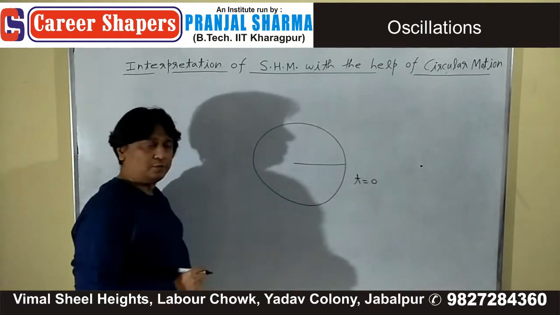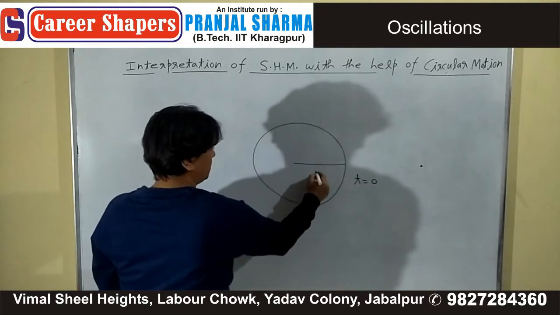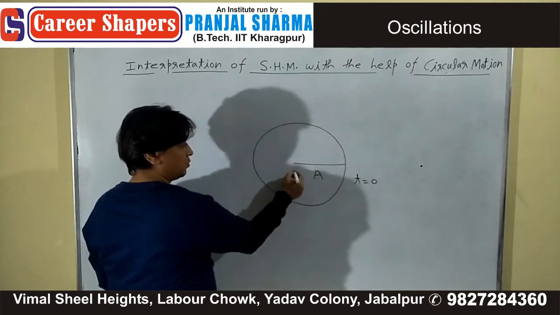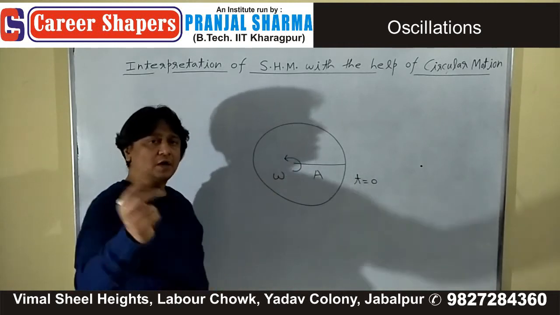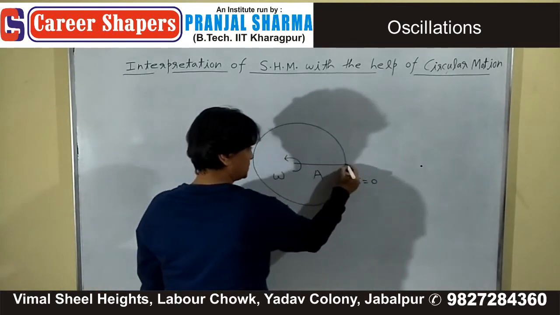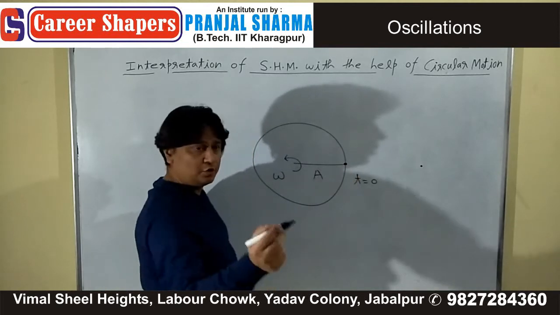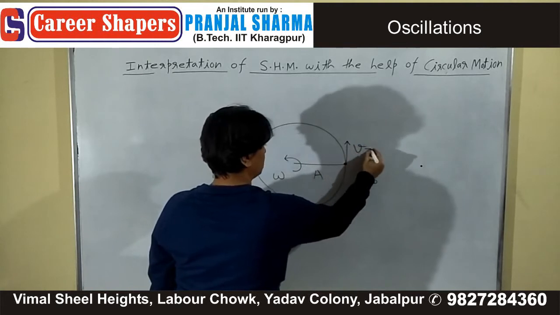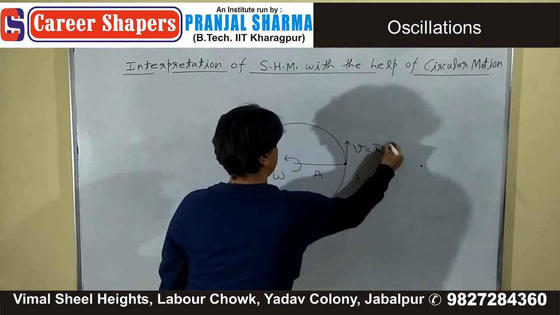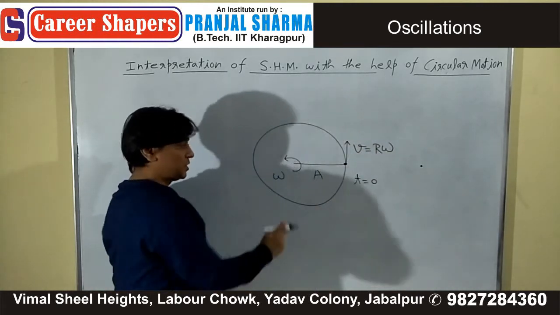At t equals to 0, what is the length of the rod? A. What is the angular velocity? Omega. If I ask you what is the velocity of this tip, what is velocity in circular motion? R omega. And what is R?